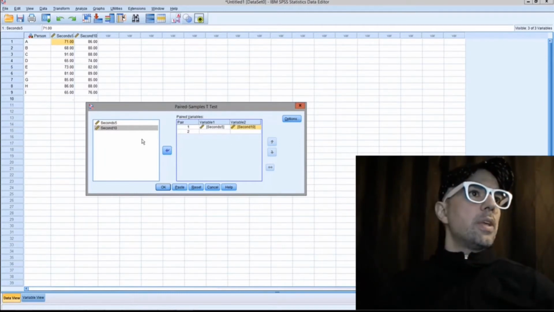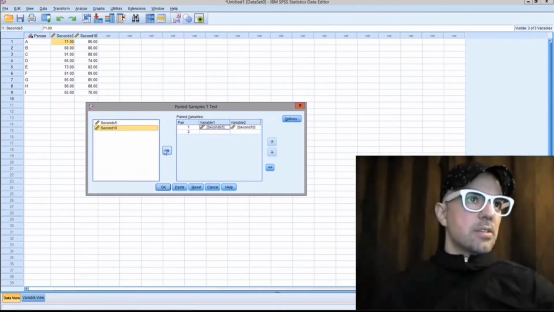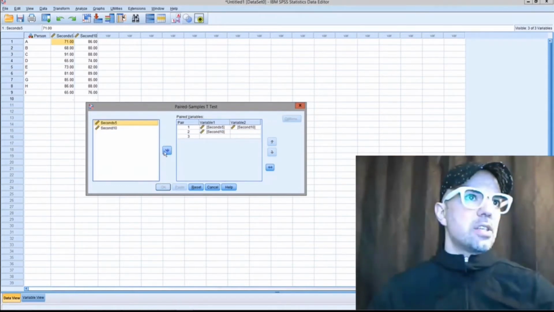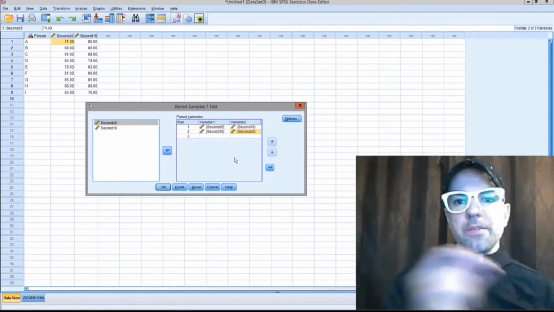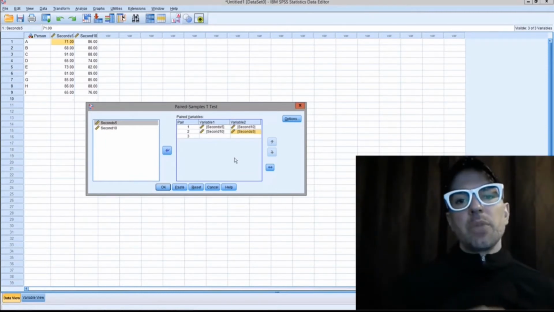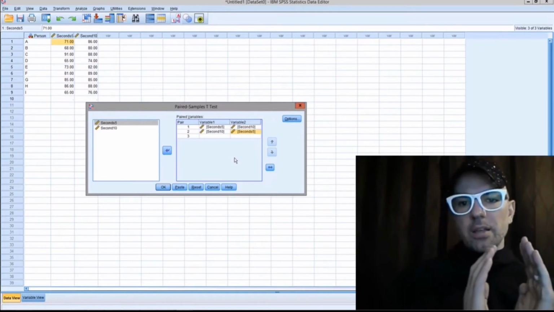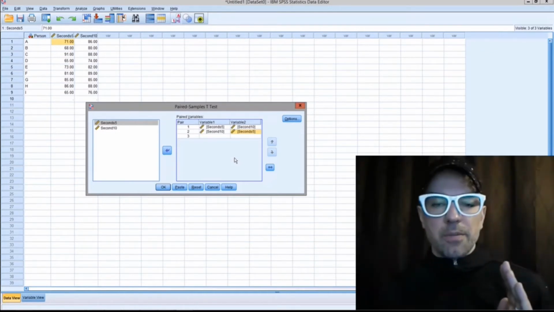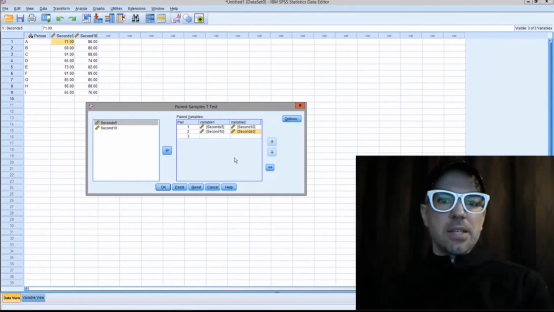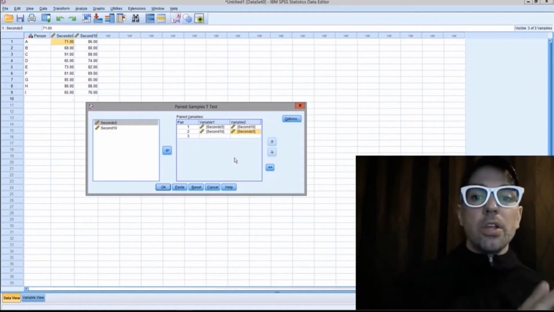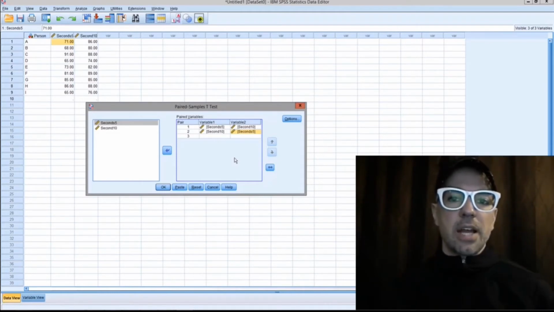Now we can put these in a different order for the second pair. So let's take a look at that and see what happens. It matters which one goes in first and which one goes in second, because SPSS will take one of those and subtract it from the other one. So you can either take 5 seconds minus 10 seconds, so the 5-second accuracy minus the 10-second accuracy, or you can do the 10-second accuracy minus the 5-second accuracy.